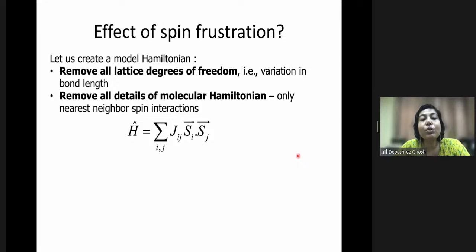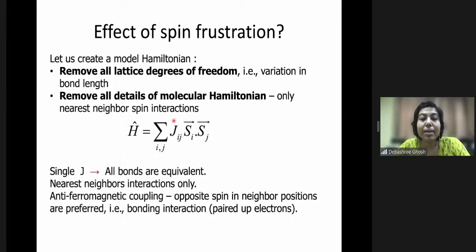In doing so, we removed all the lattice degrees of freedom, that is the variations in bond lengths. And we removed further details of the molecular Hamiltonian and took a simple spin Hamiltonian like so, which essentially means all the bonds are equivalent and only nearest neighbors interact.